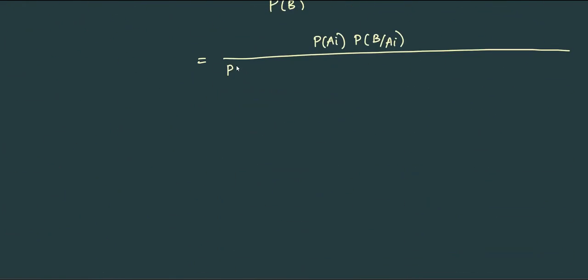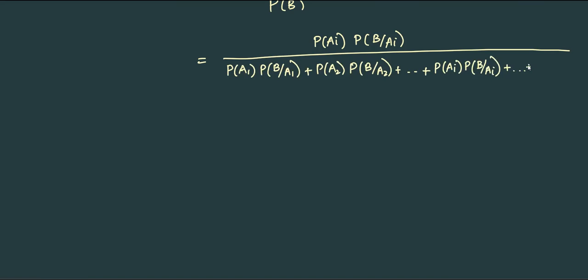P of A1 into P of B given A1 plus P of A2 into P of B given A2, and so on, plus, we can include one P of AI term here, P of AI into P of B given AI, up to the last, P of AN into P of B given AN.